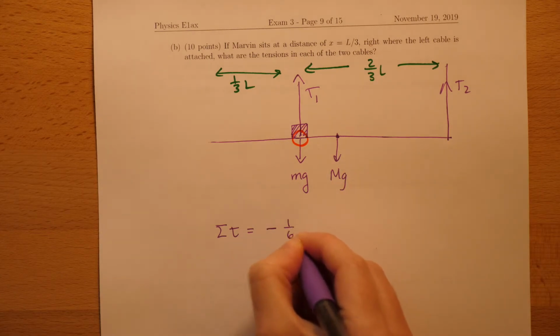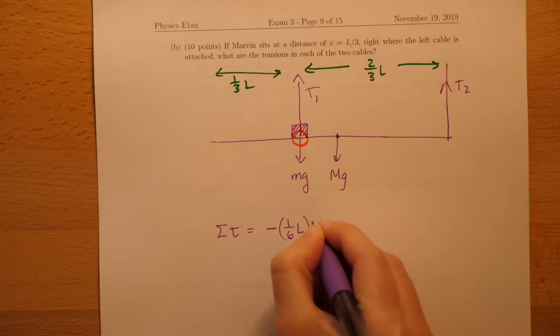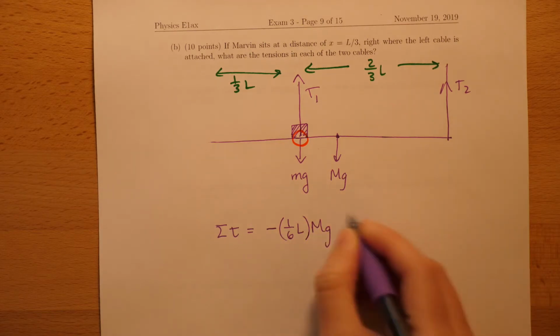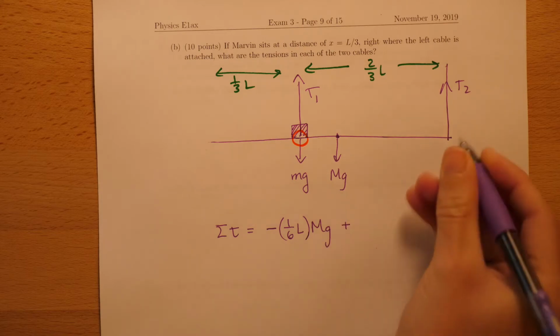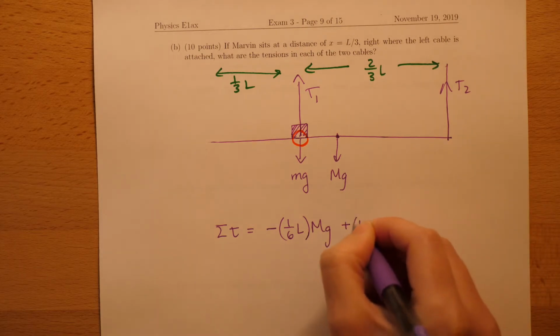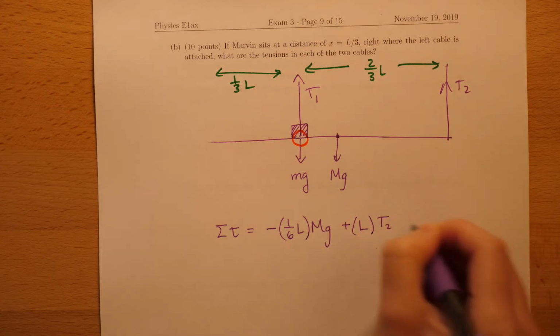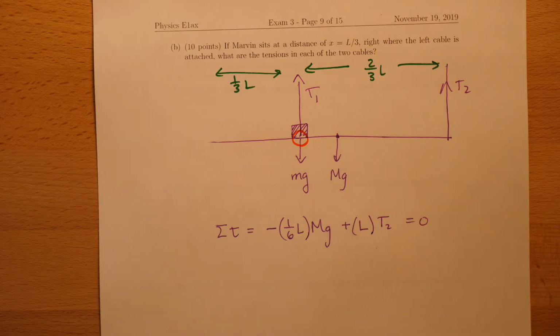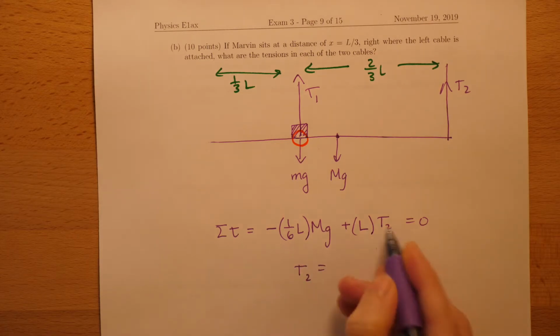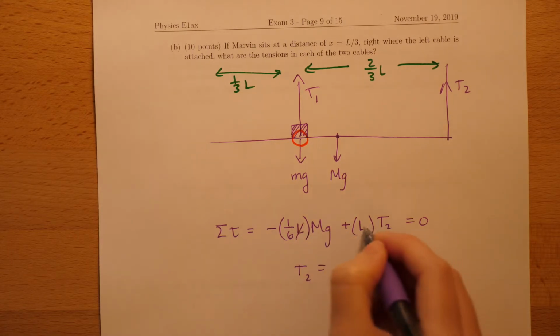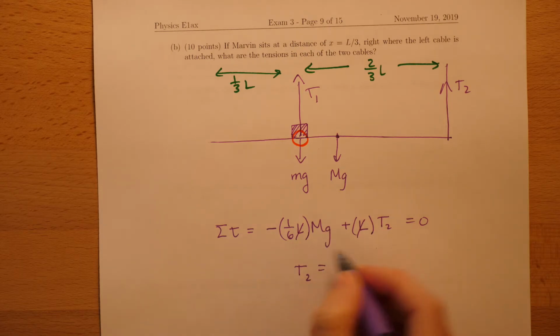We're at 1/6 L at that point, and we have a mass times g. And then we need a positive torque a distance L away times T2. And this has to be 0 because we're in equilibrium. If we solve for T2, let's get rid of these L's. So that means that T2 is 1/6 mg.